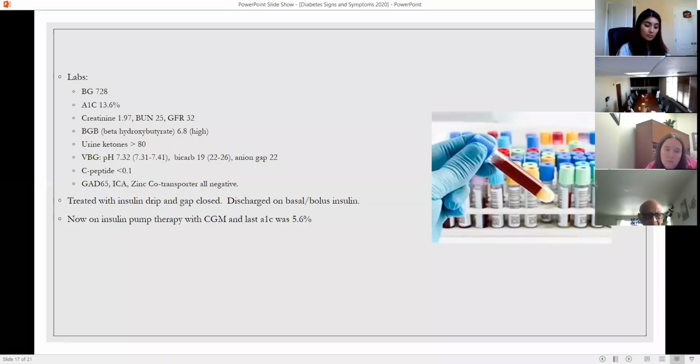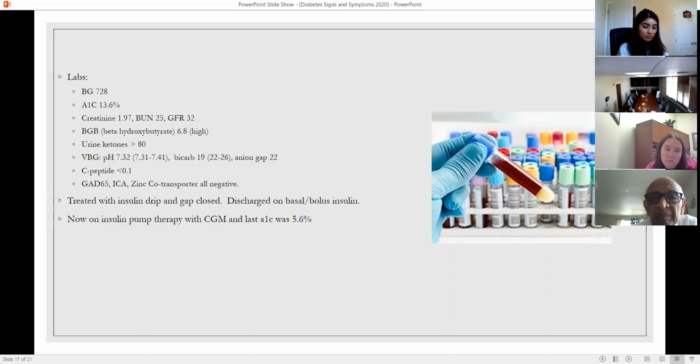So when she checked into the hospital, her sugar was 728, her A1C was 13.6. She was a little dehydrated, so her creatinine was up and her GFR was a bit low. Her beta-hydroxybutyrate, BHB, I'm just going to say ketone level because the word's difficult for me to say, was elevated.